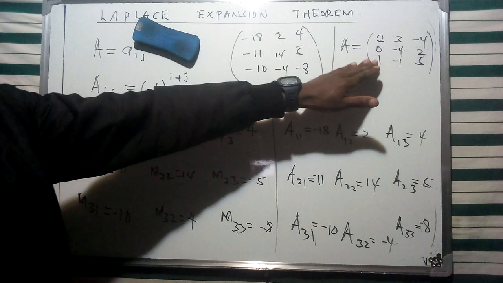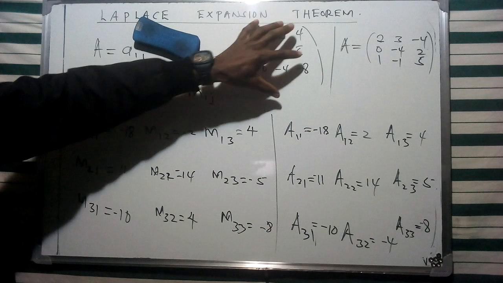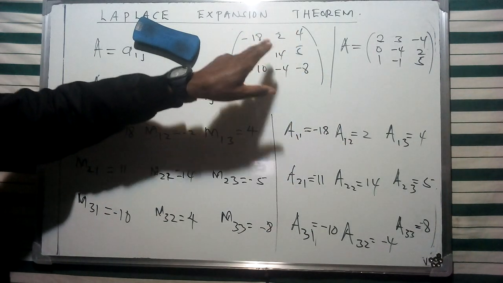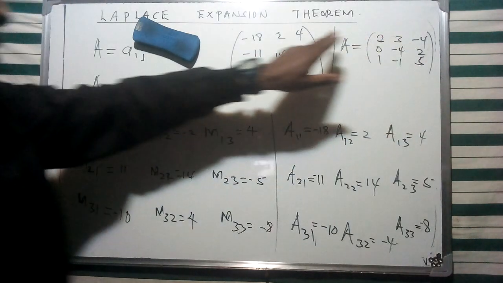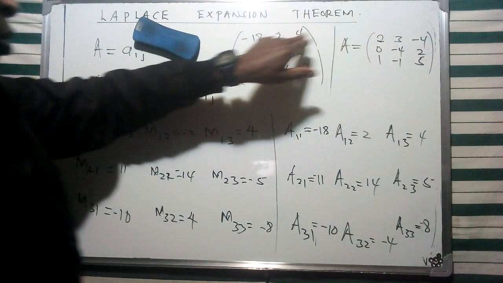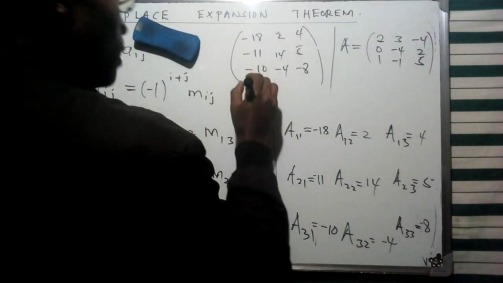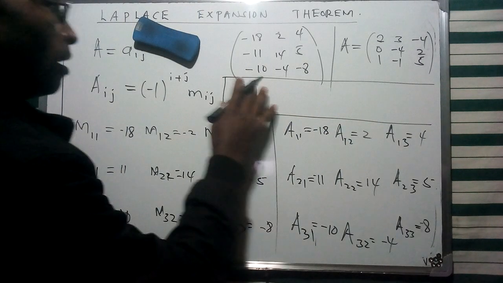So we have obtained the matrix of cofactors of A in terms of this array of numbers. Multiplying each element of this cofactor matrix with the corresponding element of the matrix, the sum of these products is going to give us the determinant. So let's check whether that gives us some kind of meaning.